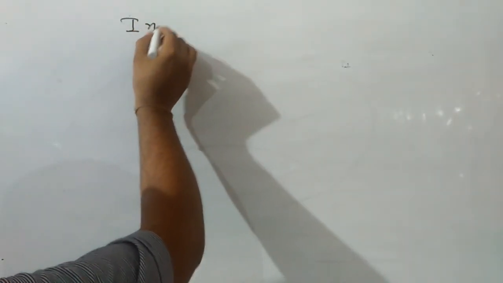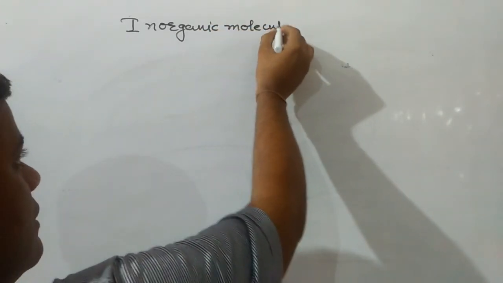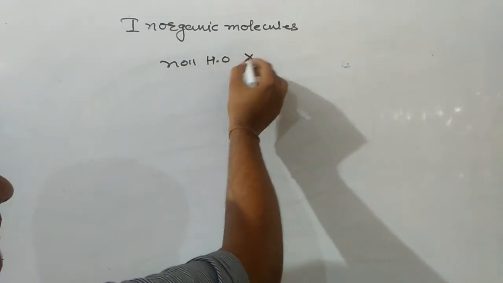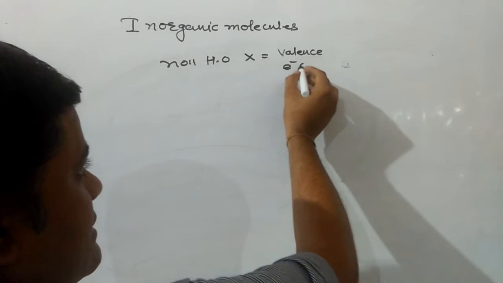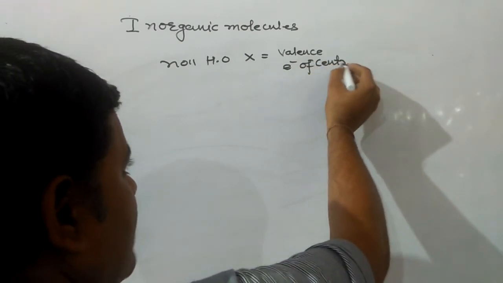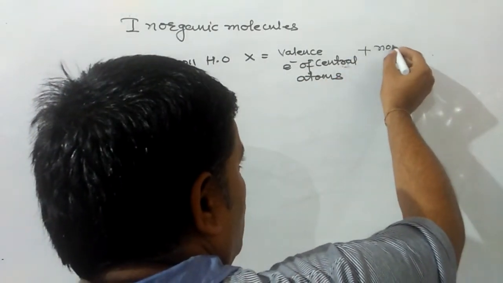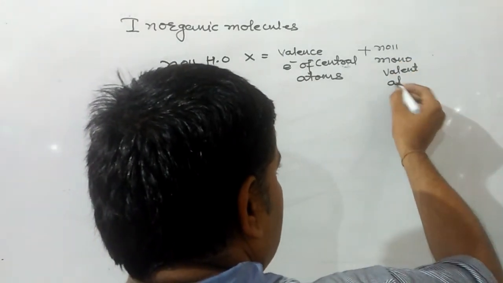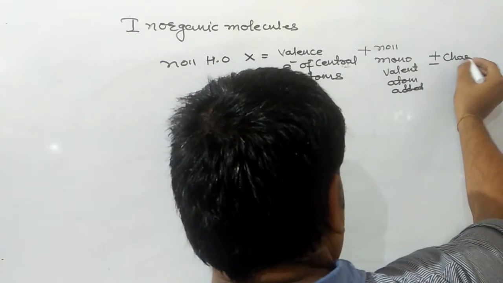First, I am taking the formula for inorganic molecules. The number of hybridized orbitals, denoted by X, should be equal to valence electrons of the central atom, plus number of monovalent atoms added, plus or minus charge, upon 2.